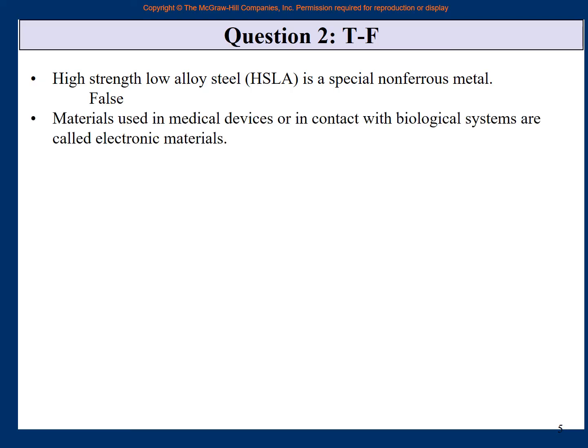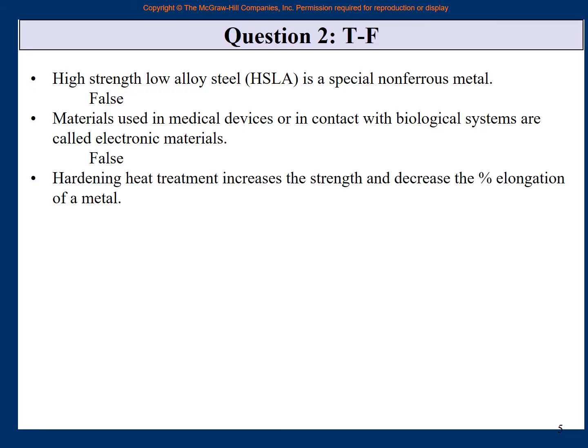Materials used in medical devices or in contact with biological systems are called electronic materials. Even if you have not gone through the text and the book and the chapter, materials used in medical devices or biological systems would be biomedical materials. They cannot be electronic materials, right? So again, false.